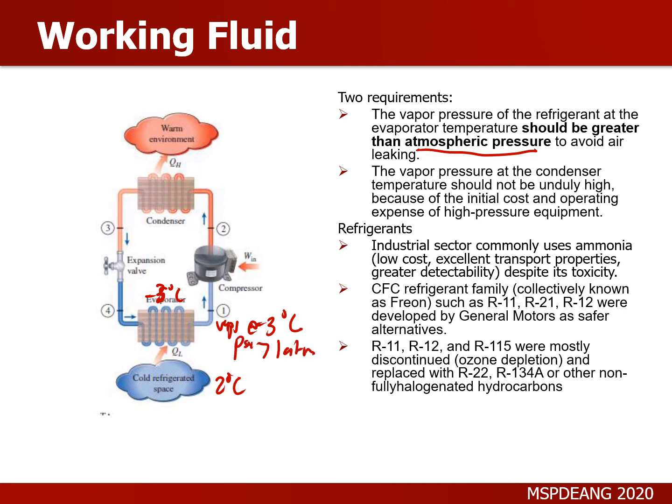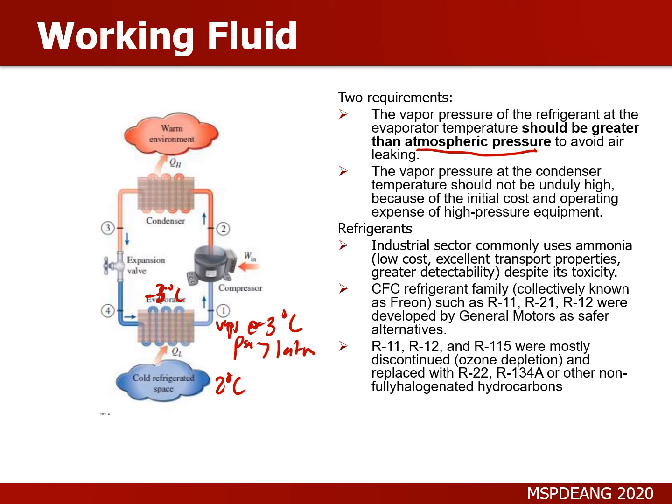Okay? Kasi if nag-ooperate ka ng ref in vacuum, it's possible na magkaroon ka ng air leakage into your actual refrigeration lines. And ayaw mag-introduce ng air sa refrigeration line kasi mag-decrease yung heat transfer properties ng ating system and possible mag-leak yung refrigerant, which we do not want. Okay?